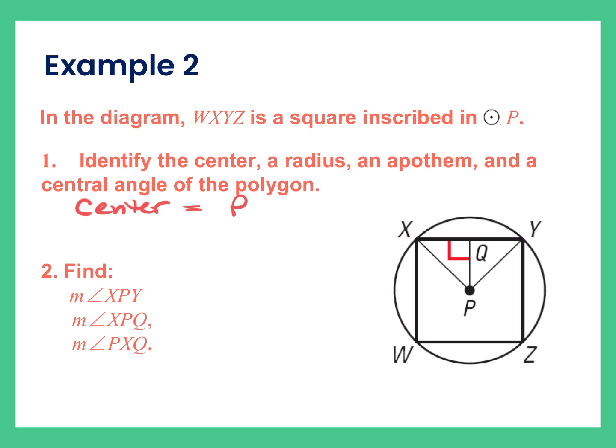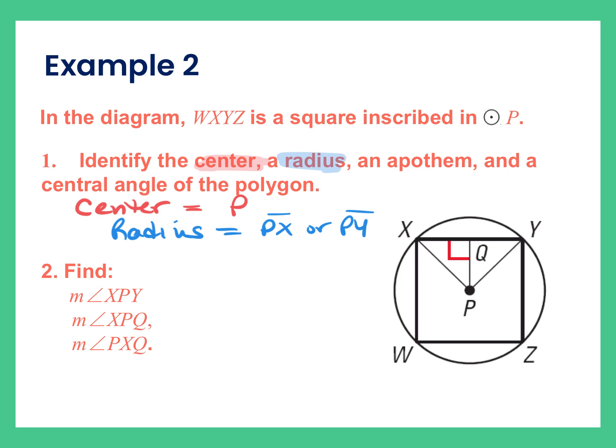Then they want us to name the radius. They've actually drawn 2 in here for me. I'm going to name it with 2 letters. The radius is either PX or PY.